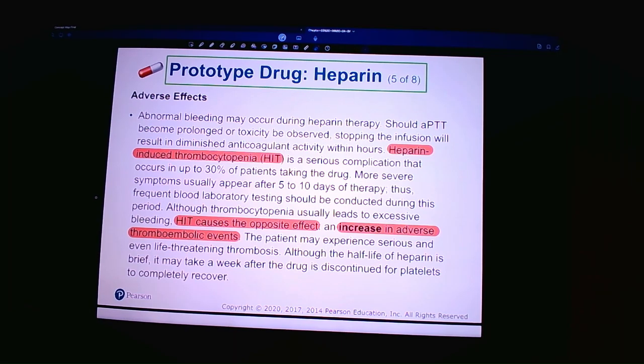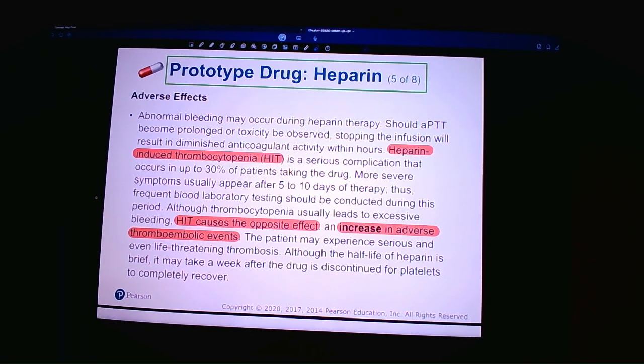Adverse effects, right? So the very unique thing about heparin is that heparin causes HIT, which is heparin-induced thrombocytopenia. We talked about thrombocytopenia, right? So there's not that many platelets, right? Thrombocytopenia causes an opposite effect that can actually lead to thrombolytic events.